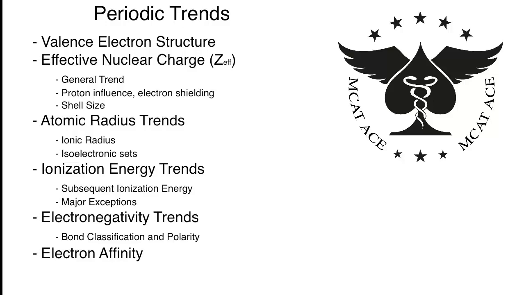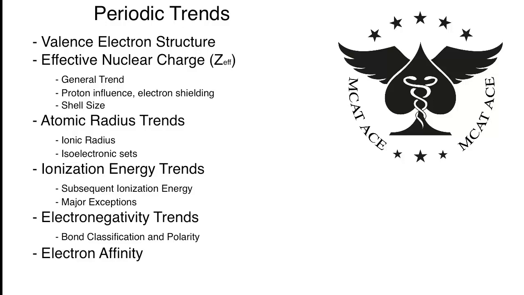So it's very important that you understand how effective nuclear charge works, and then subsequently you can get a grasp on atomic radius, ionization energy, electronegativity, and electron affinity, which are the major trends that we come across when we're dealing with the periodic table. So with effective nuclear charge, we'll take a look at the general trend.